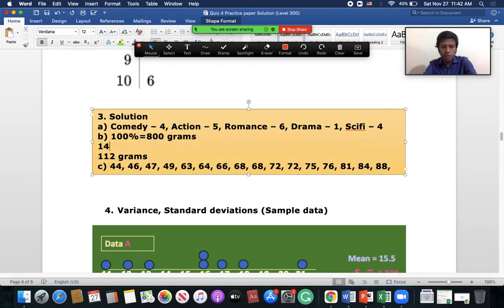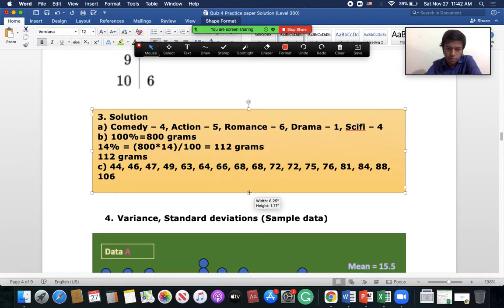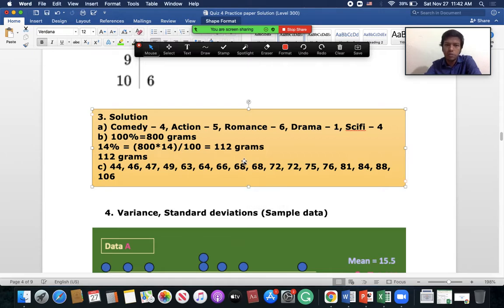Then 14% equals 800 into 14 divided by 100, which equals 112 grams. This is how we solve this math.